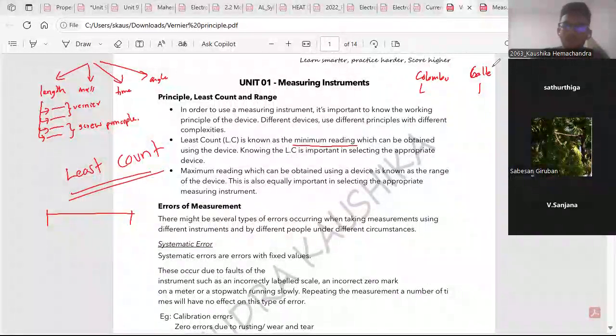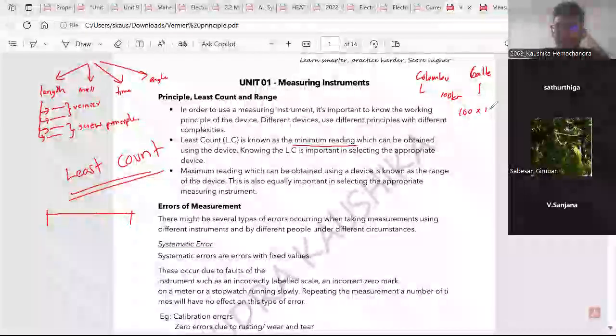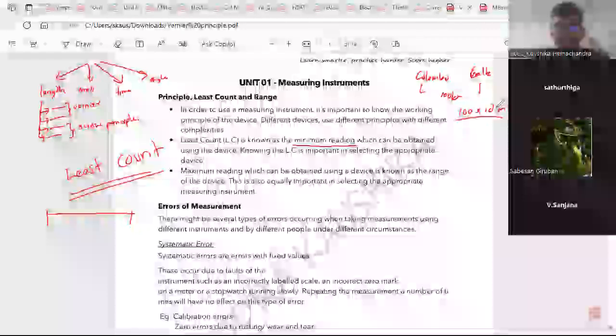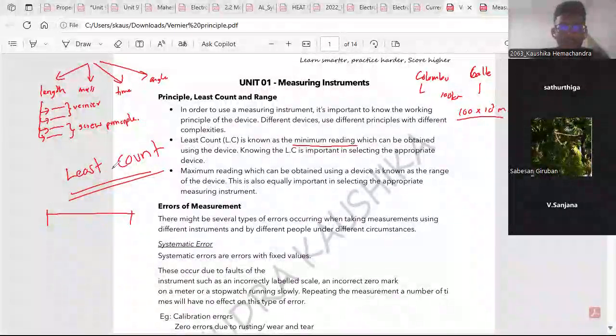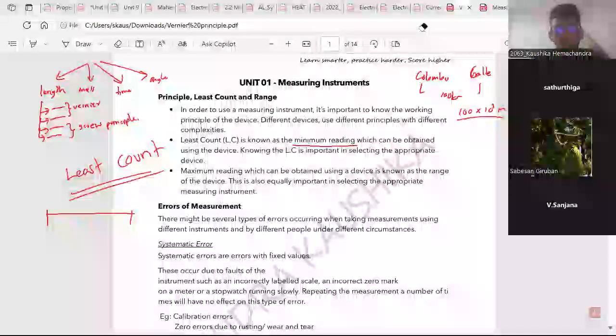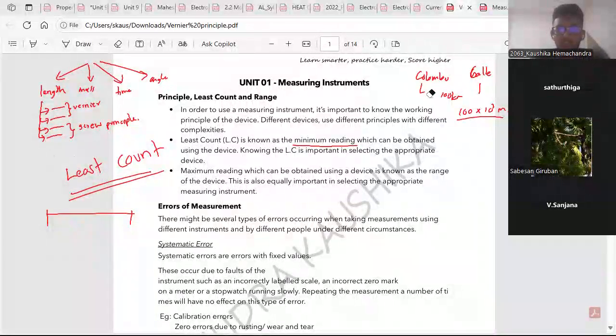You'll have to use, so let's say it's 100 kilometers. So that's 100 into 10 to the power 3 meters. So you'll have to use 100,000 meter rulers to measure the distance from Colombo to Galle, right? So that's not practical. The Colombo to Galle distance is actually measured using satellites and such.